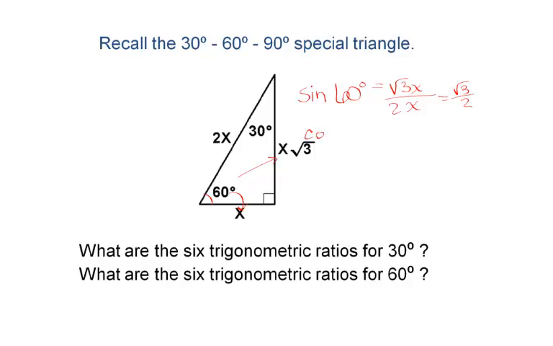The cosine of 60 degrees is adjacent over hypotenuse. The tangent of 60 degrees is sine over cosine, or opposite over adjacent, which we'll clean up to root 3 either way.